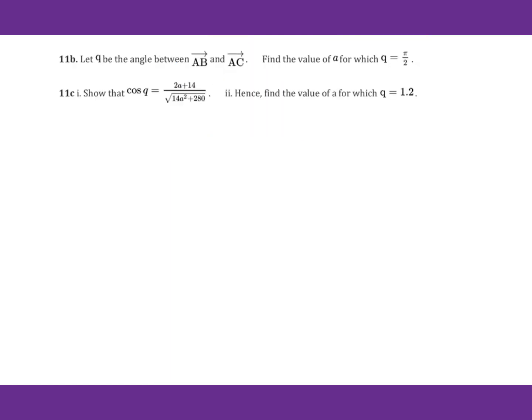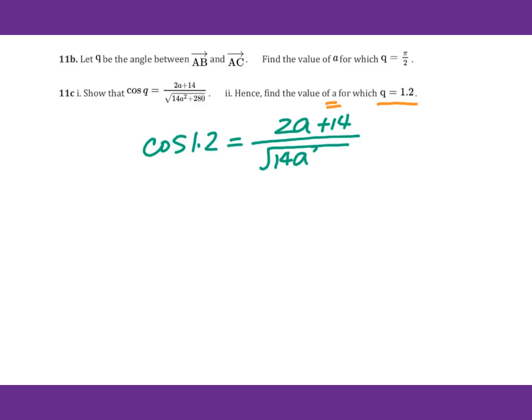For the second one, hence find the value of A for which Q equals 1.2. 1.2, that's the reading. So we will set up cosine 1.2 equals 2A plus 14 over square root of 14A squared plus 280. You have to use the equation solver to get the answer.